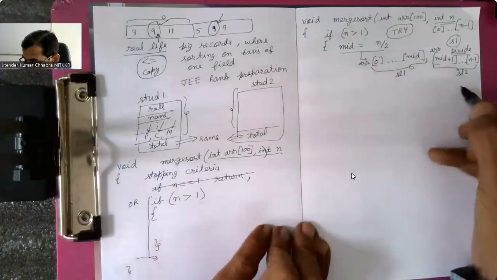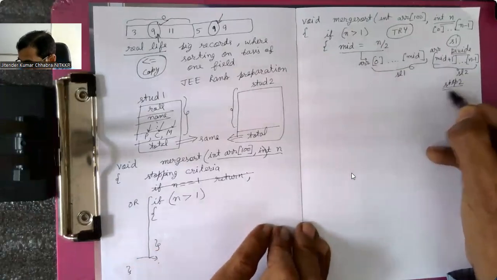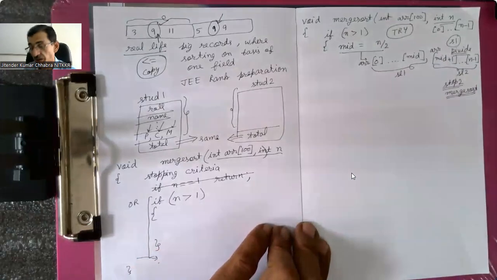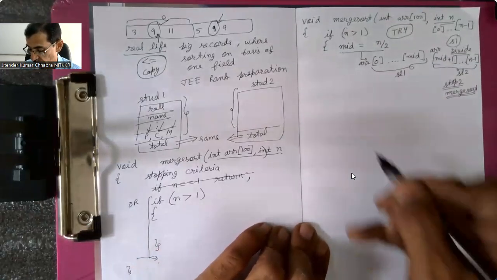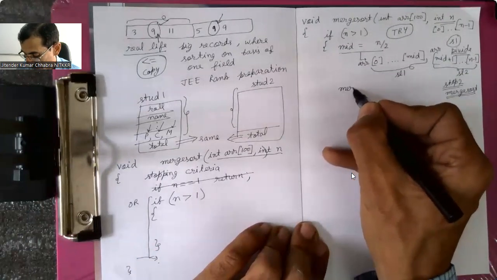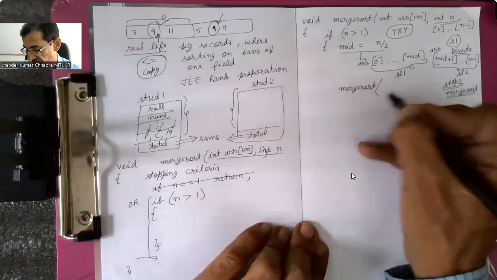Now I have to do step 2. What was step 2? Merge sort sublist 1 and sublist 2. Straight away programmable. Easy to write, it is nothing but a recursive call. Merge sort sublist 1.